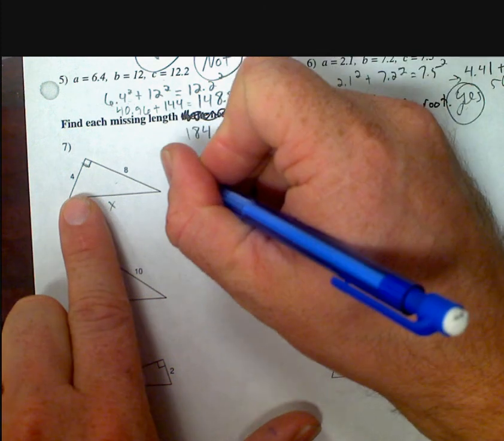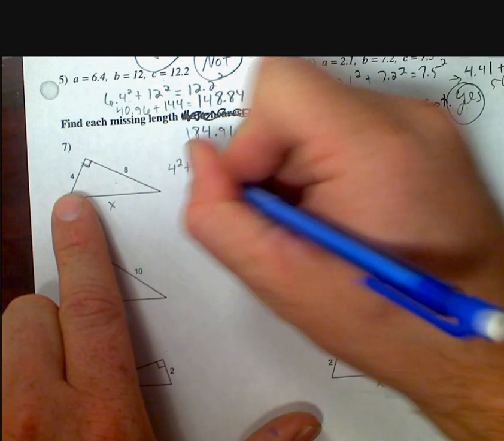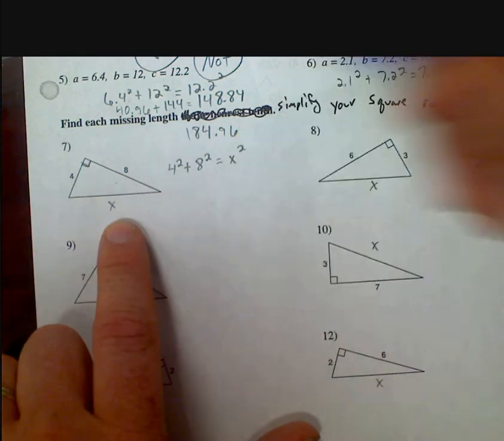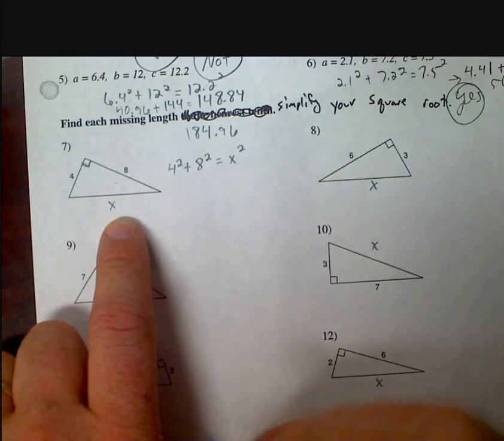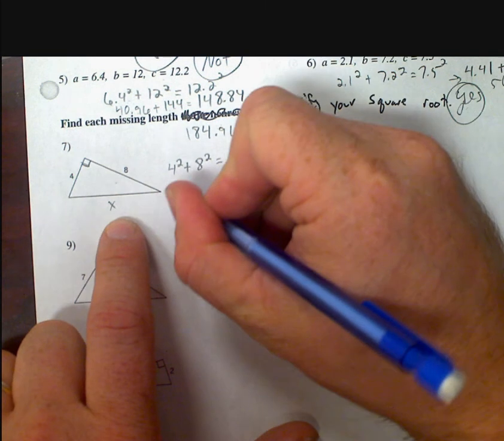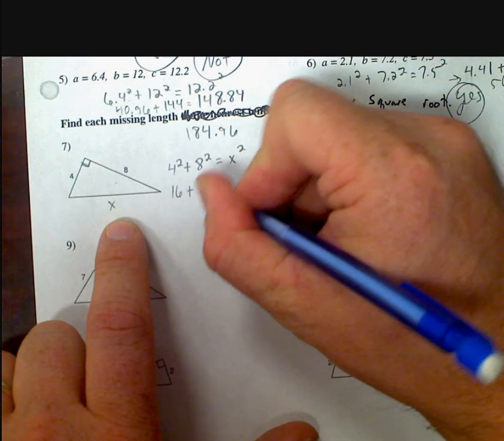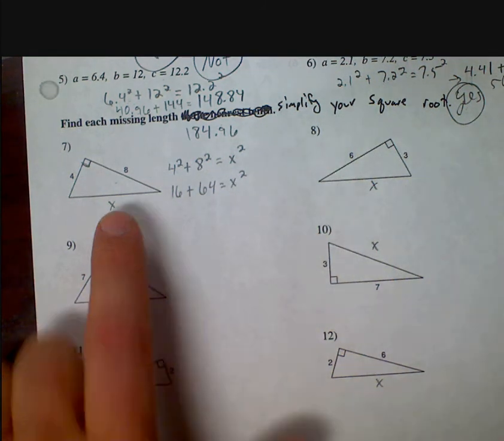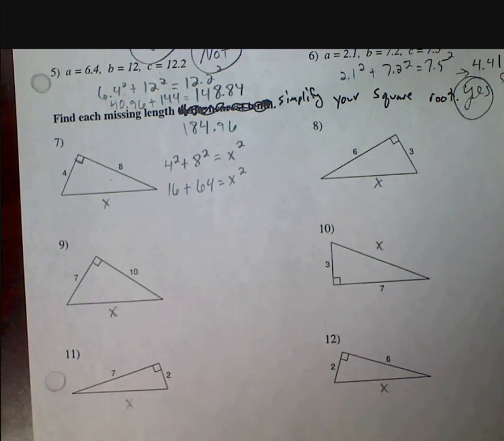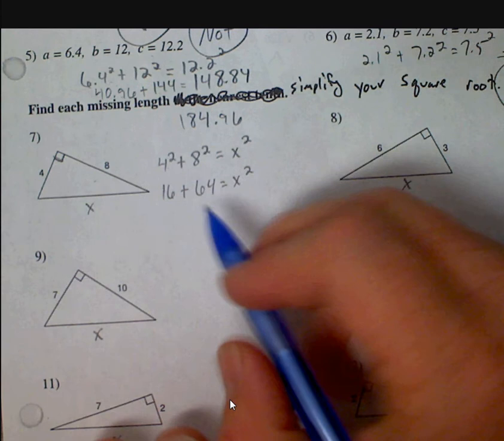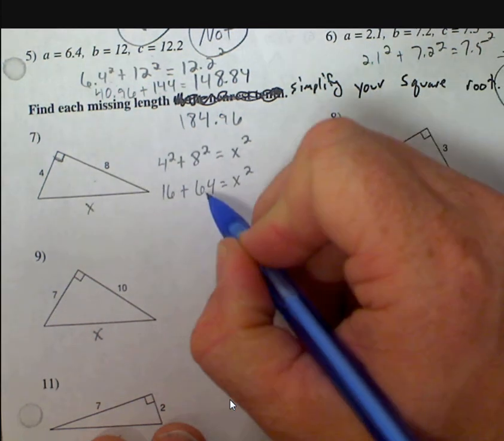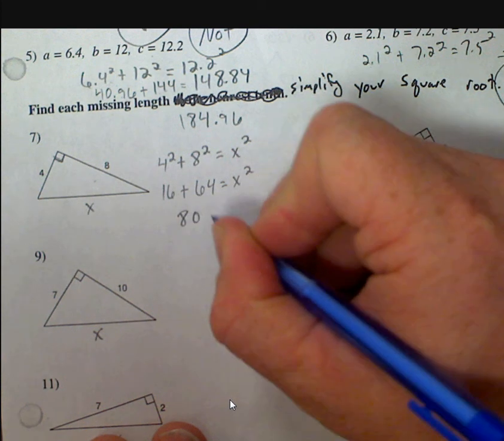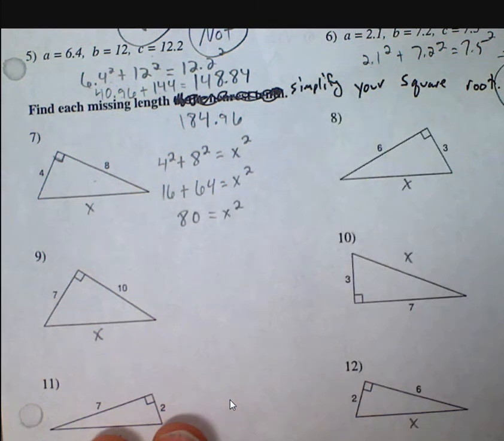So I have 4 squared plus 8 squared equals x squared, or c squared. 4 squared is 16, 8 squared is 64, then I have x squared. I don't know what x is, so I cannot square it. If I add these together, that would be 80 equals x squared.